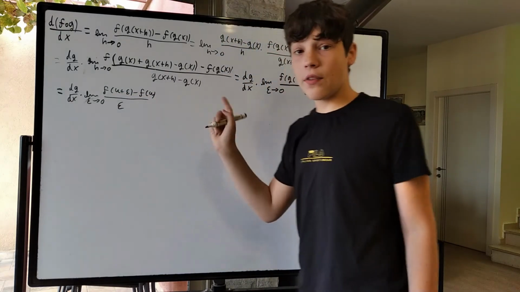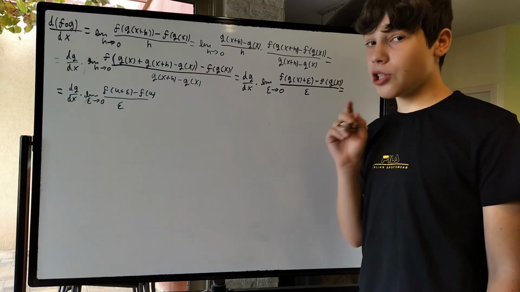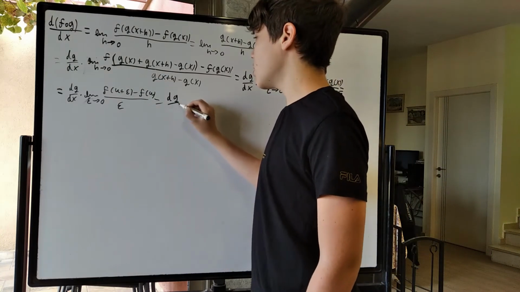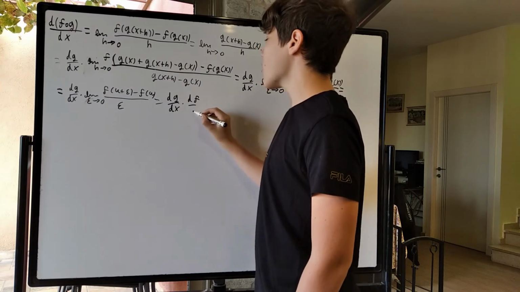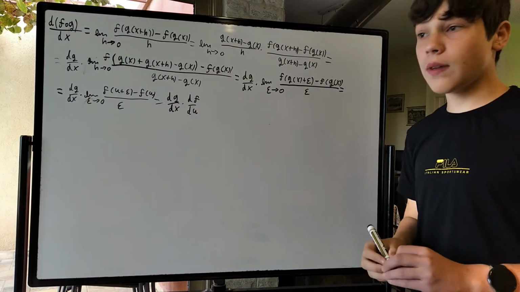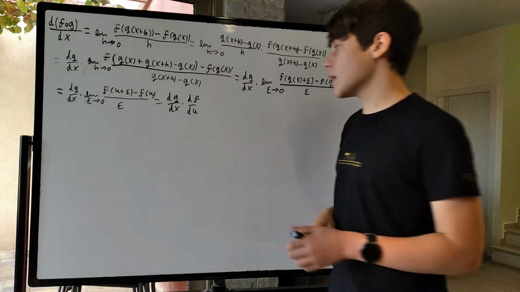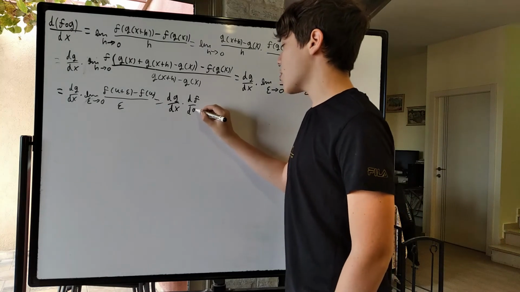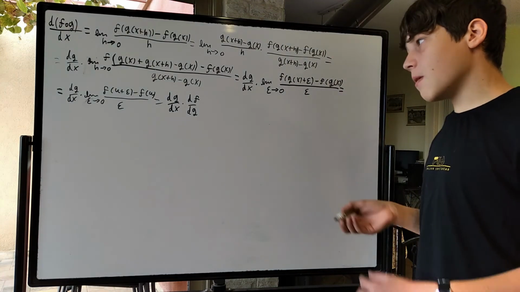Now this is the definition of the limit of f with respect to u, meaning that this is dg over dx multiplied by df over du. But remember, we just set u to be g of x, and we did that just so everything is more clear about what this actually is, meaning that we can just replace this du with dg, because u and g are just the exact same thing.